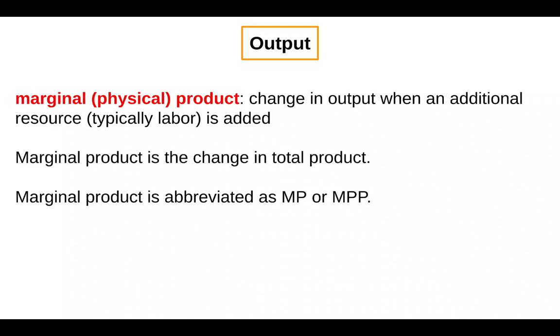So if I increase my number of workers by one, how much will my output change? Either an increase or a decrease, because yes, marginal product can be negative. It is the change in total product, and we typically abbreviate it as MP or MPP, marginal physical product.